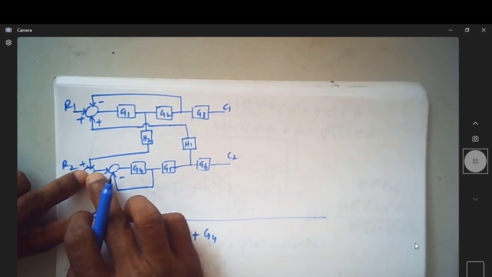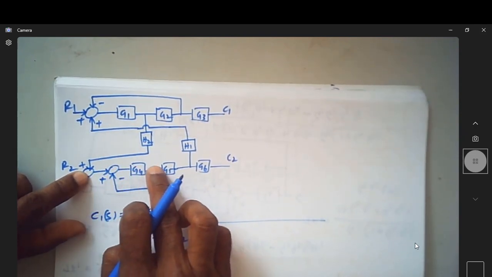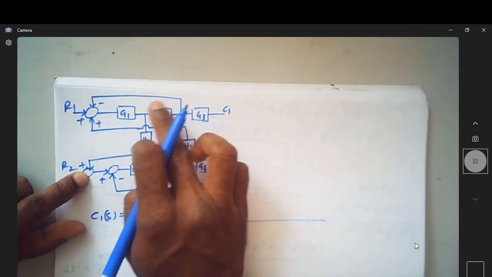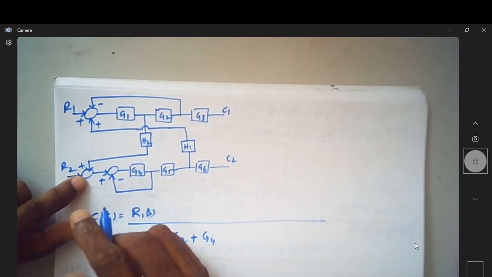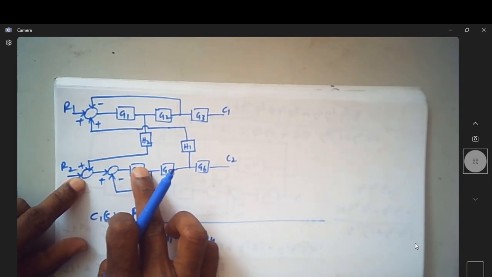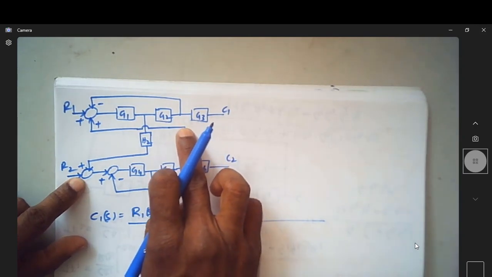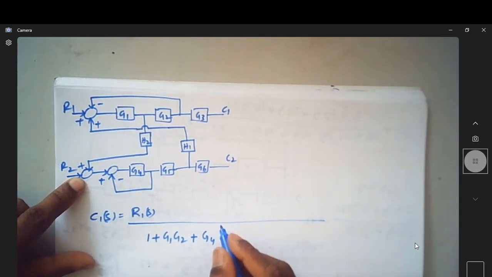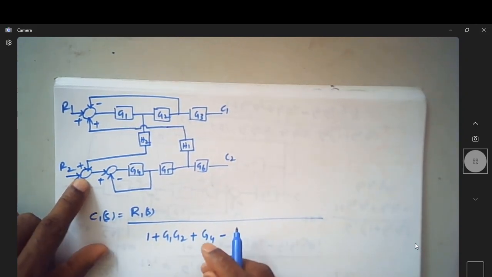Can I just go like this, go like this, go like this? See here, can I just go like this? It is G4, G5, H1, then G1, then come back. I think there is one more loop. Let us see whether it is minus or plus.